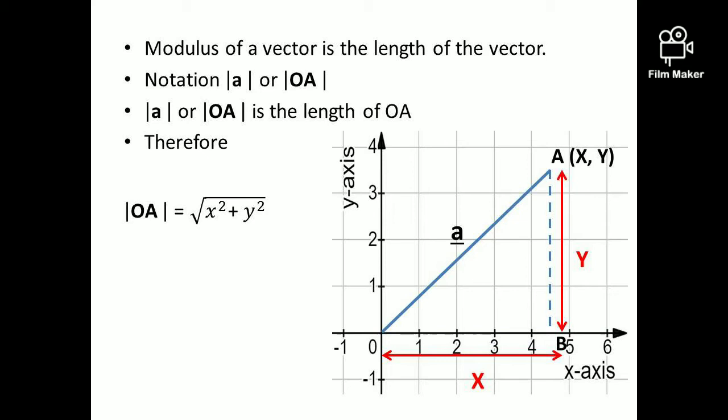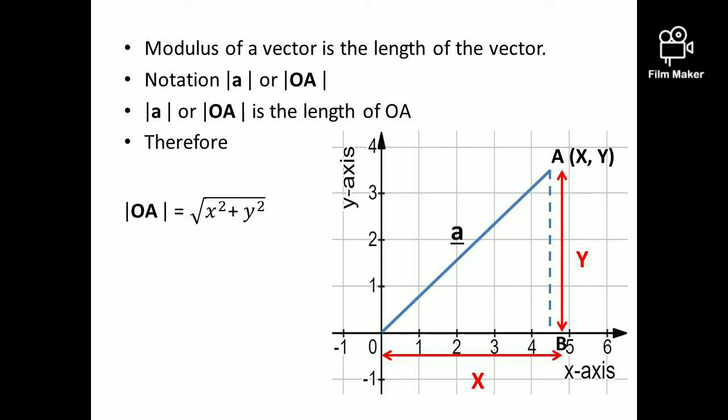When we discuss the modulus of a vector, the modulus of a vector is the length of the vector from its starting point to its final point. If you consider this vector OA, it starts from O (0, 0) and goes to point A (x, y). Therefore, to find the modulus of OA, we need to find the length from the origin to point A (x, y). We usually represent the modulus of a vector OA using the modulus notation.